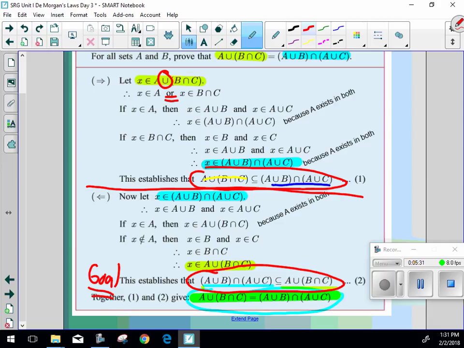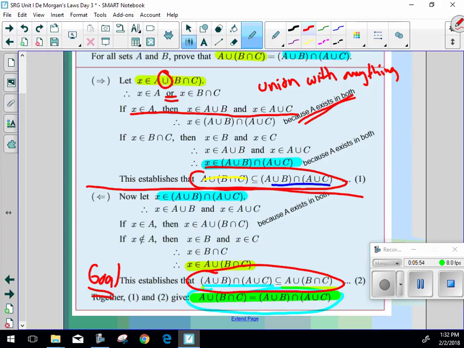All right, so then this one, X is an element of A, then X is an element of A union B. This is the tricky step. Would you underline this one? This is kind of an obvious step that if X is an element of A, could I union with anything? You could.